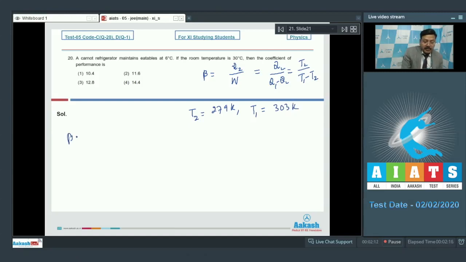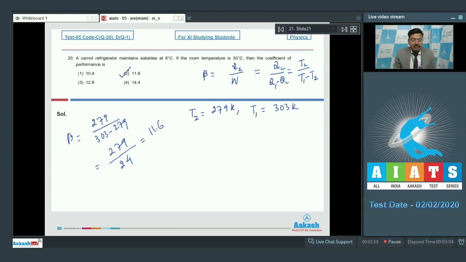So the coefficient of performance beta turns out to be equal to 279 divided by 303 minus 279, and this is coming out to be equal to 279 divided by 24, and this value comes out to be equal to 11.6. So for question 20, option 2 is the correct option, which is matching with what we have got. Let's go to the next question now.